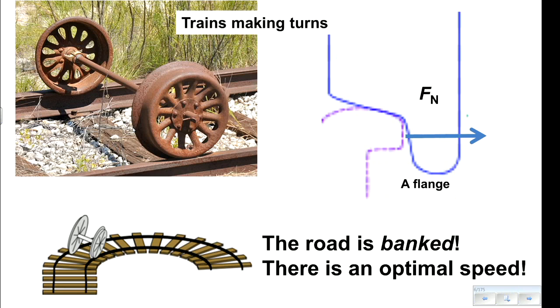For example, if you look closely, rails are also banked, and they actually are set up so a train, when it makes a turn, should travel at a specific speed.